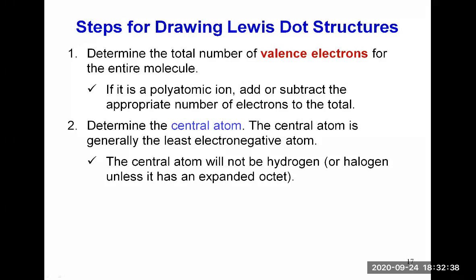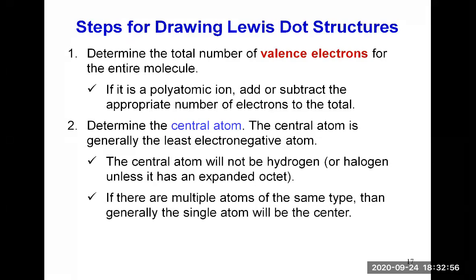There are some exceptions, but I will not expect an exception from you. The halogens will be terminal atoms, like the hydrogen, which means they will be on the outside of the molecule. They will not be central. If there are multiple atoms of the same type, then generally the single atom will be the center.